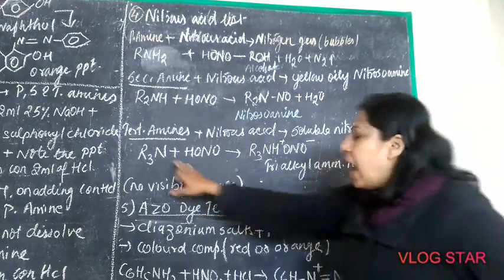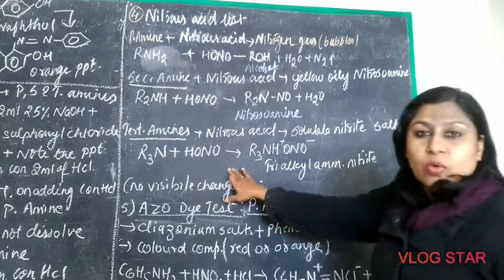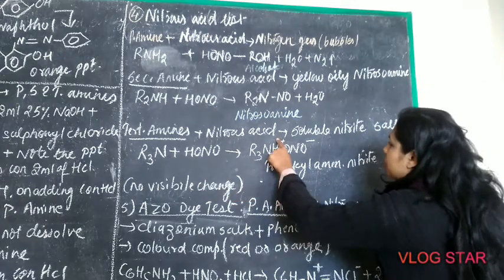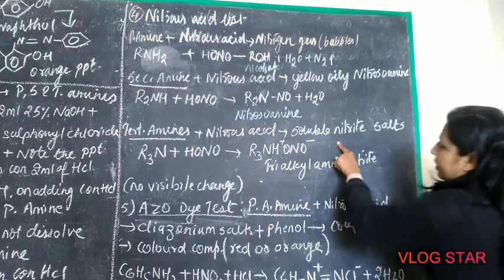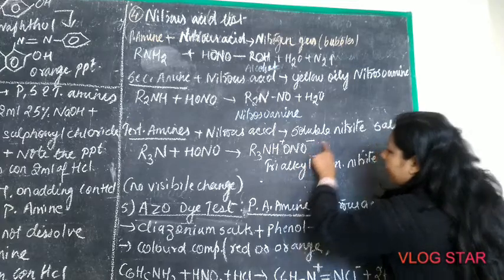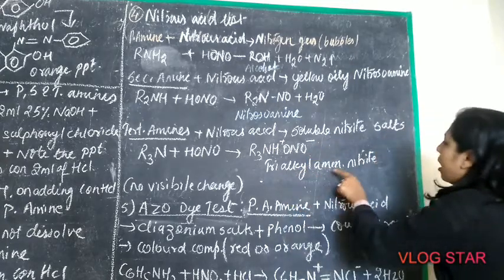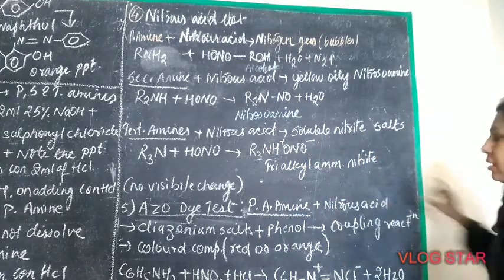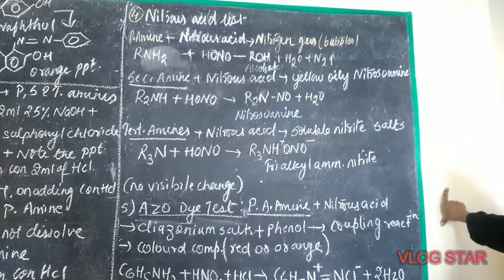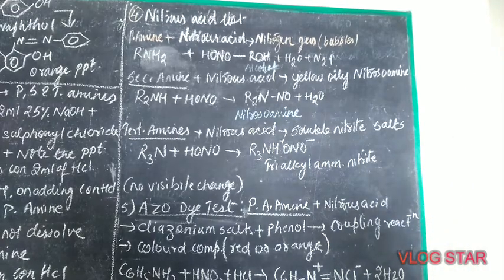The reaction is R3N plus HONO, nitrous acid, gives R3NH+ ONO-. This is trialkyl ammonium nitrite. Fine. Now next is your azo dye test.